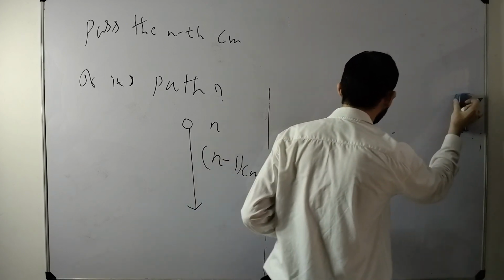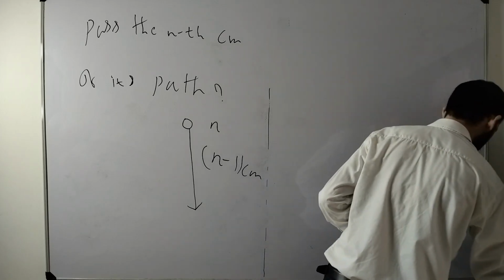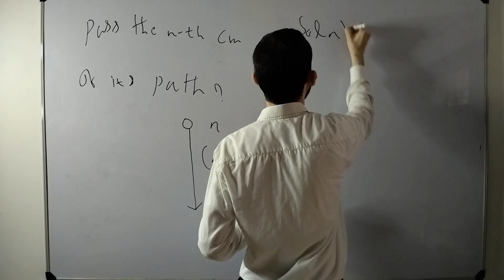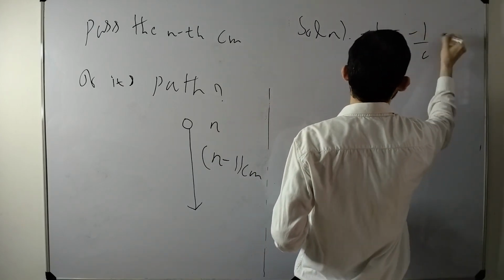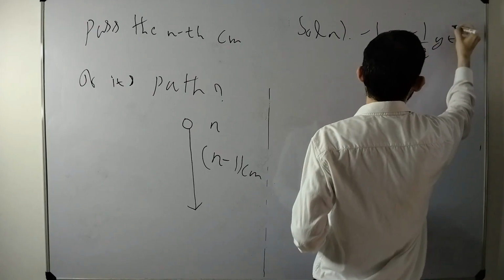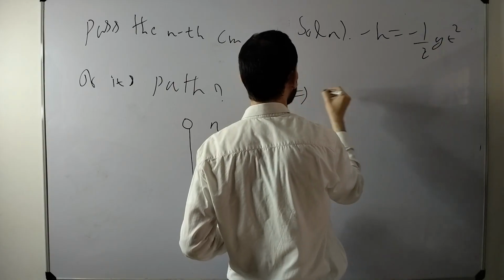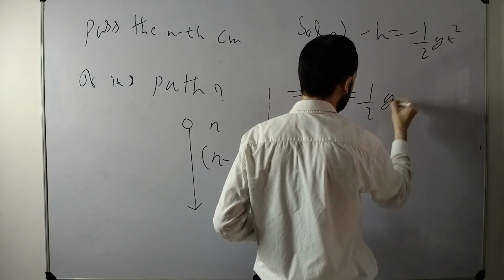So what is the free falling equation? Write it: h is half g t square.